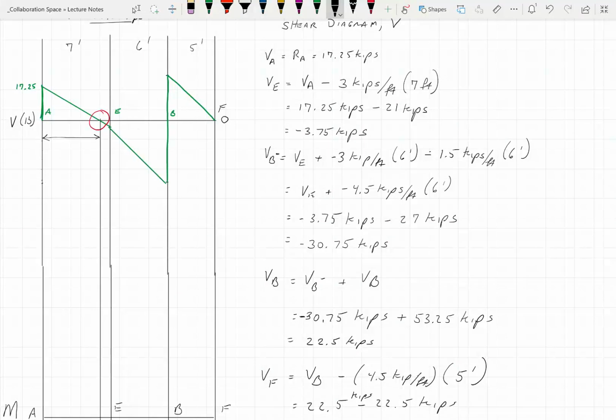Anybody know a way to figure it out? We do it where we go by each, and then we'll split up to 0. We could, yeah. Is that the easiest way? Probably.